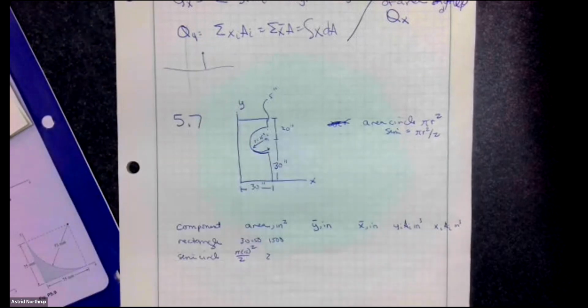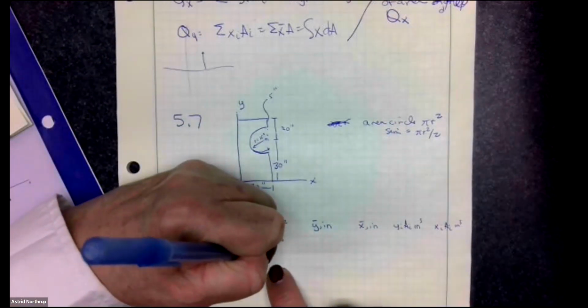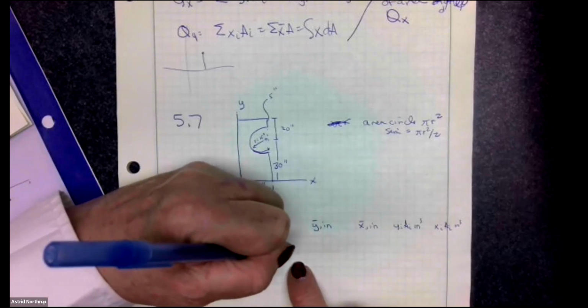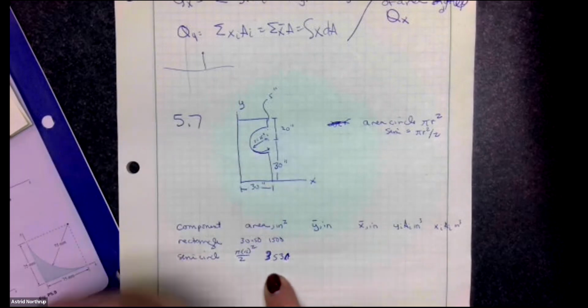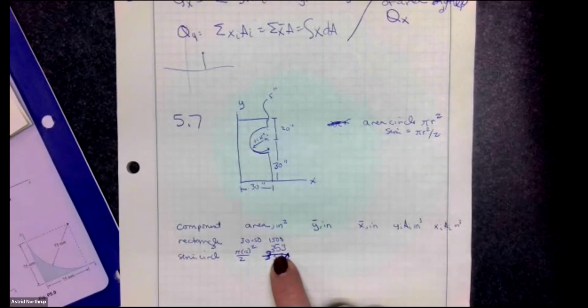Pi r squared over 2: 15 times 15, times 3.1416 divided by 2. All right, that's better. 353.4. I'm just going to call it 353. So I'm just rounding it a little bit.